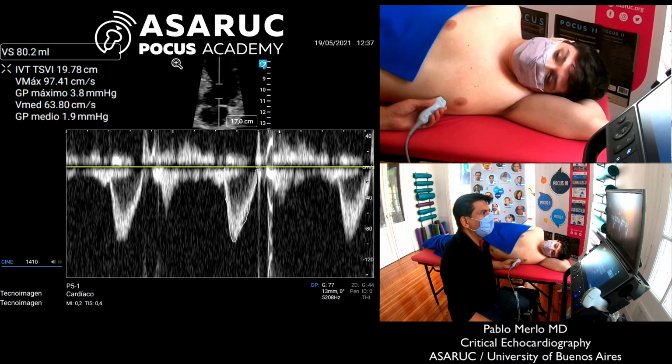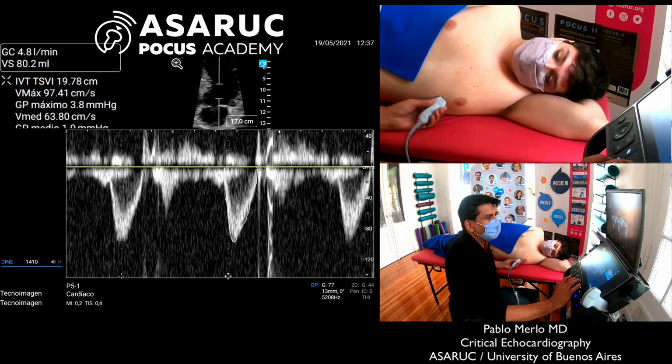We can obtain the patient's heart rate with the visual tool of the machine and without an electrocardiographic signal, that is, by marking 2 systolic peaks.